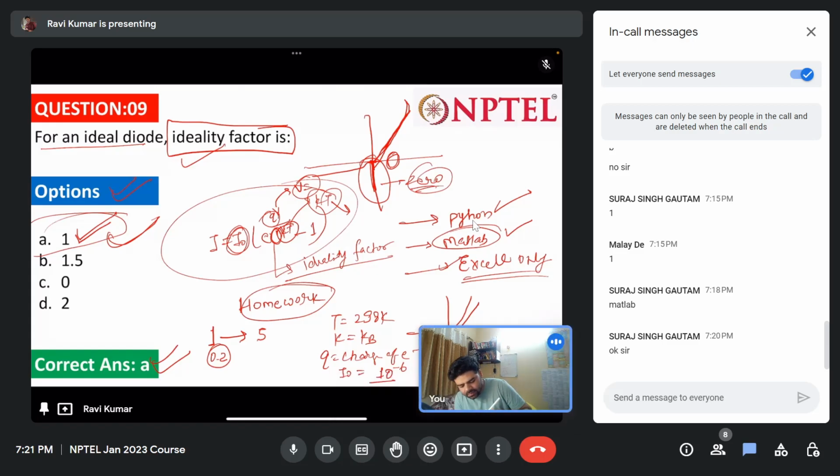I'm writing a mail ID here: ravik@iitb.ac.in. So you just mail here whatever curves you are getting. Is it fine? Okay.